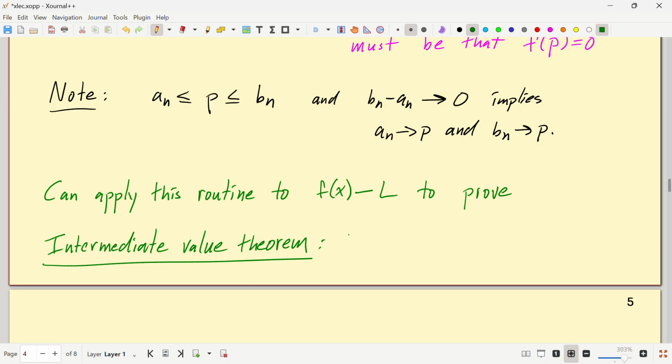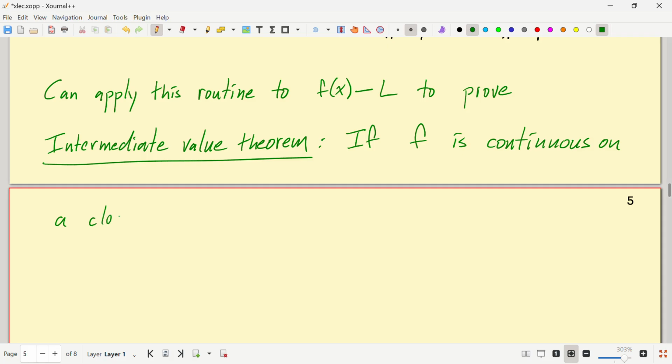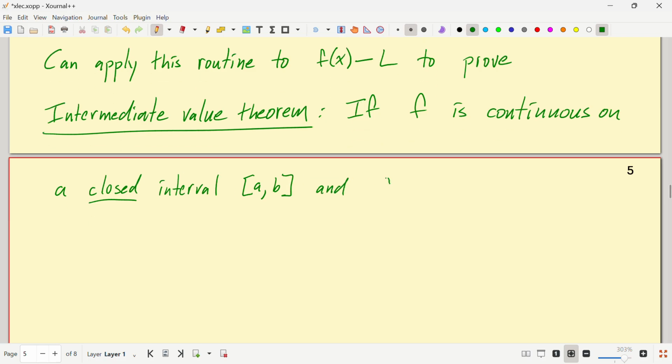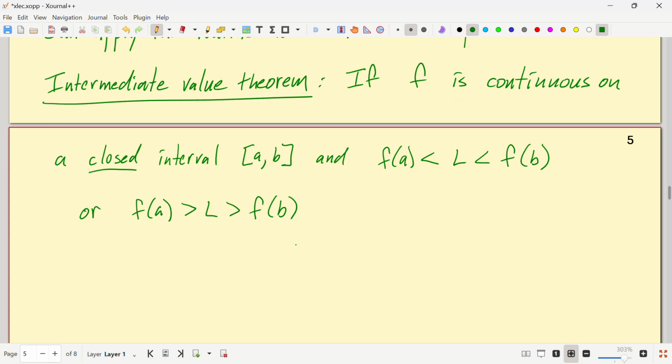If f is continuous on a closed interval, got to be a closed interval, A B, and f of A is less than L is less than f of B, or f of A is greater than L is greater than f of B, then there's a spot between A and B where L is hit.